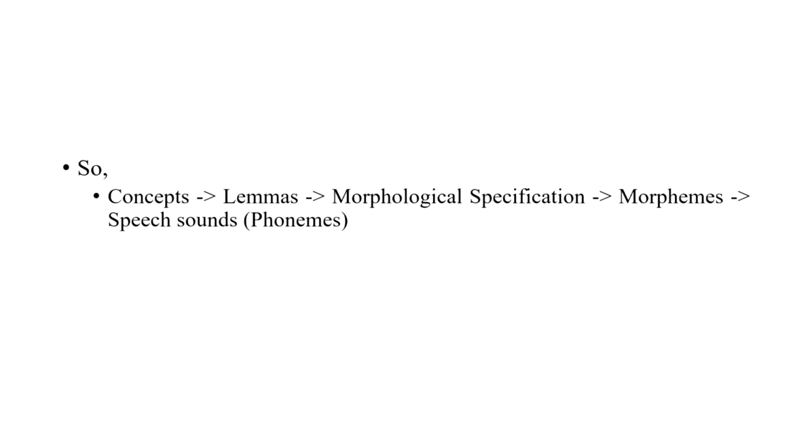So just summing up, what have we done so far? We started with conceptualization, we eventually selected lemmas, we went to morphological specification, then we figured out which morphemes we are going to go with, and then we had information about which sounds we need to activate and in what order, so that we can go further with the process of speech production.